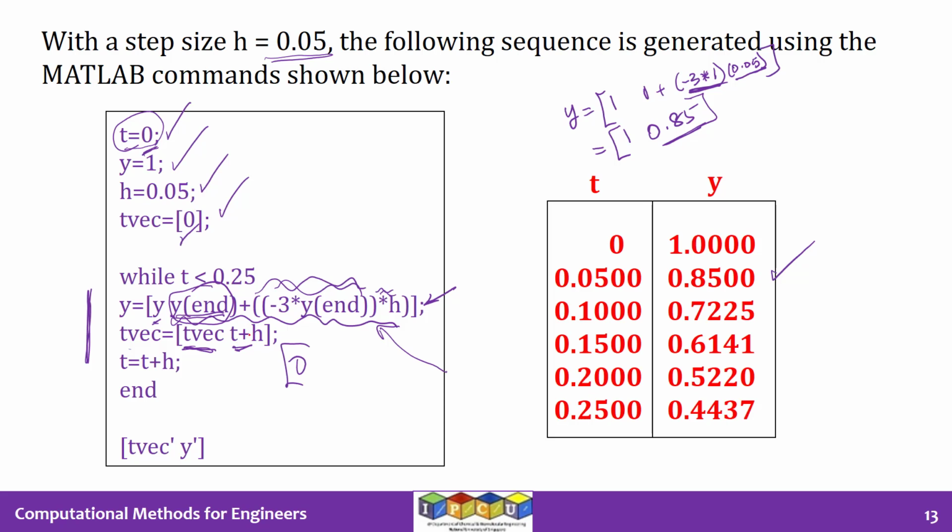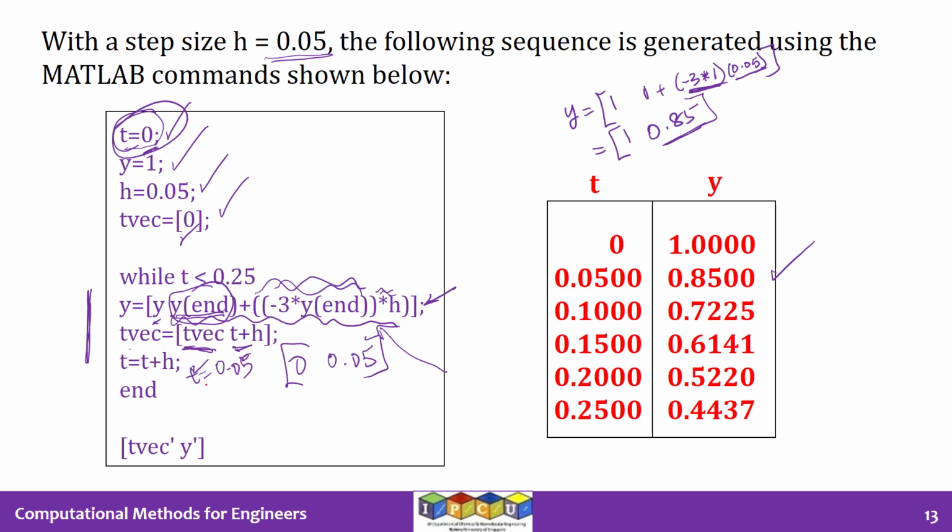T is 0, h is 0.05, so t vector will be this. And then I'm going to increment t by h. So at this point in time, t will be 0.05 because the original t is 0. Now it is 0.05. Now what is time?